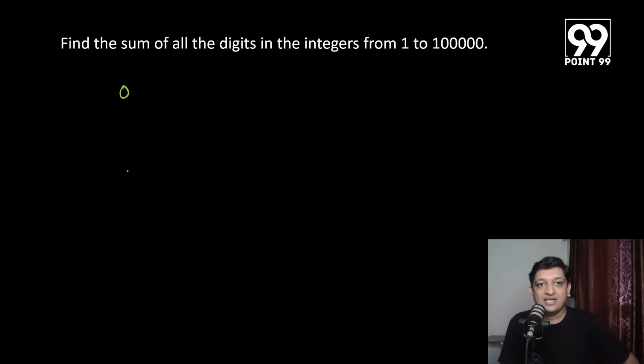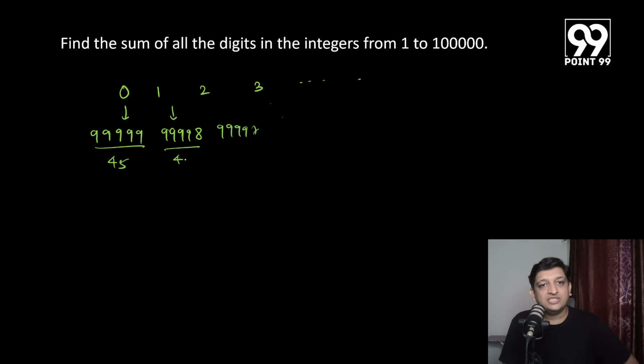So look at this. You have 0, you have 1, you have 2, you have 3 and so on and so forth. You also have 9, 9, 9, 9, 9. You have 9, 9, 9, 9, 8. You have 9, 9, 9, 9, 7 and so on. You can see that the sum of the digits of these two is 45. The sum of the digits of these two is 45, and so on and so forth.